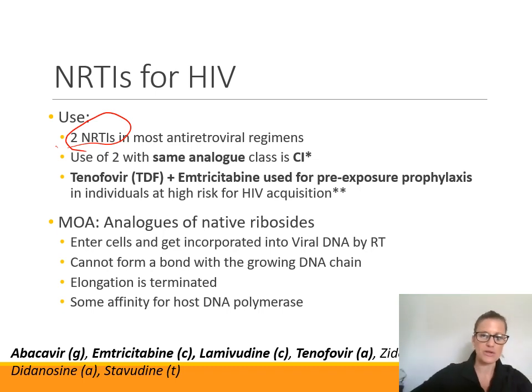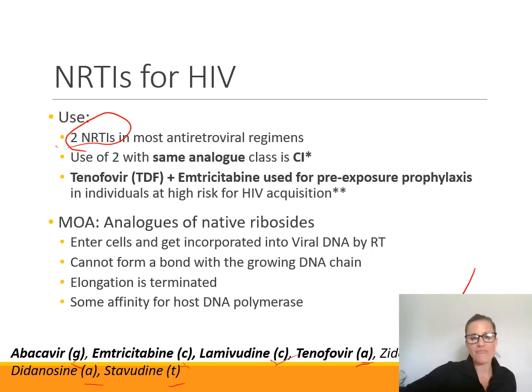And I have down here at the bottom, if you look at where I've got the drugs listed, a symbol or a letter for their specific nucleotide. So abacavir, G is guanine, emtricitabine, C for cytosine, lamivudine, C for cytosine, tenofovir, A for adenine.